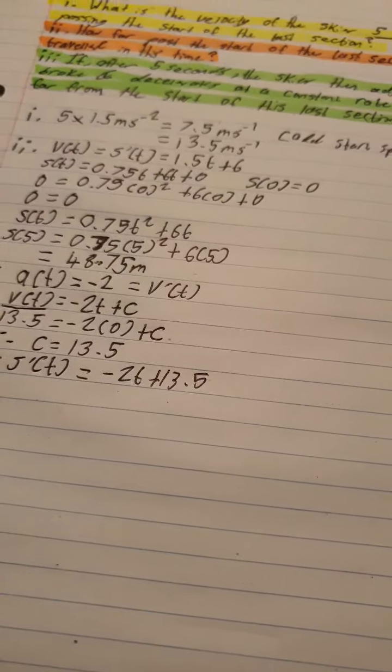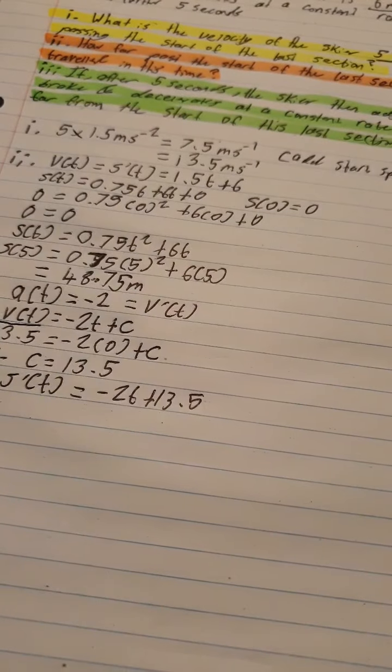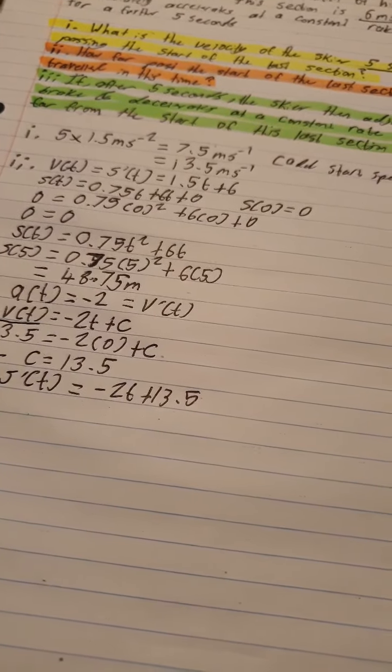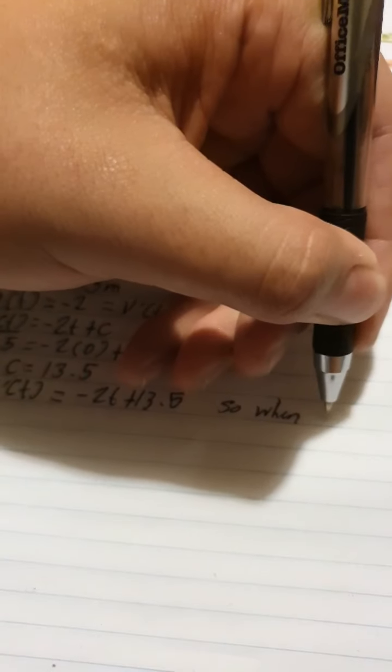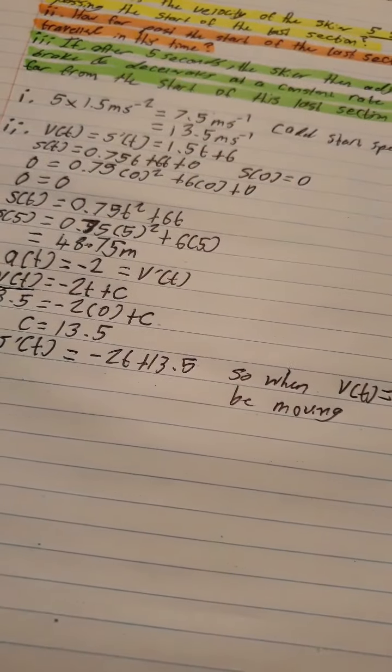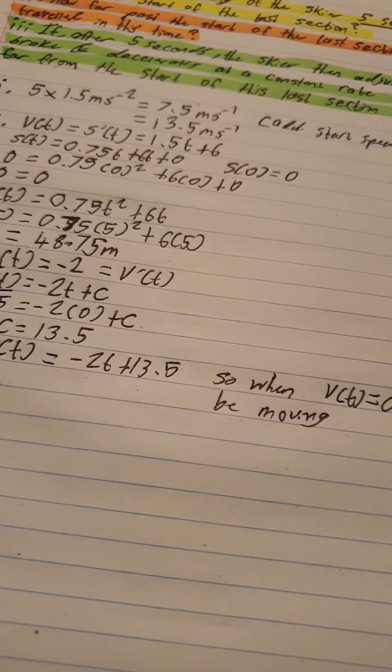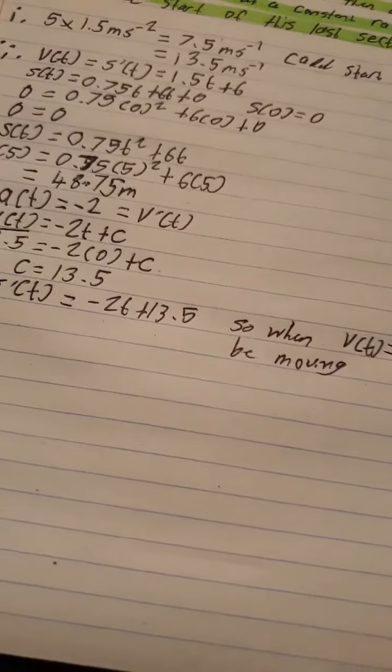So when v of t equals 0, the skier won't be moving. I need to write this down: when v of t equals 0, the skier won't be moving.